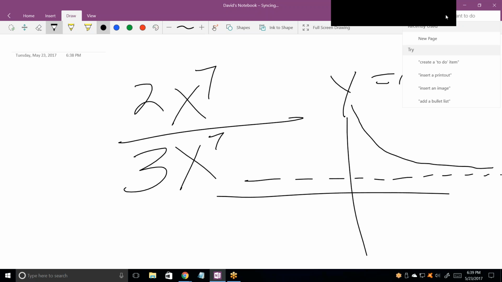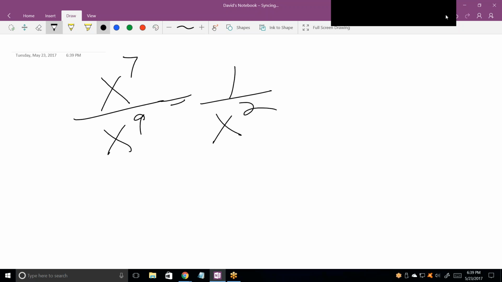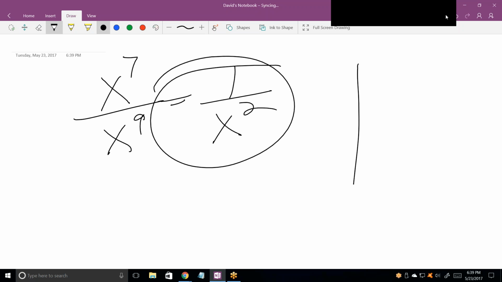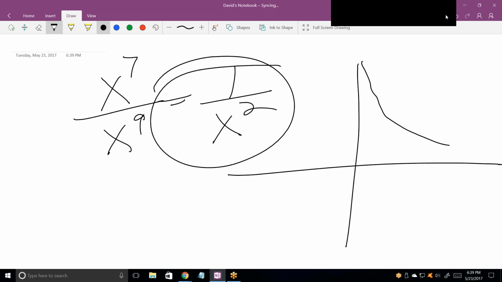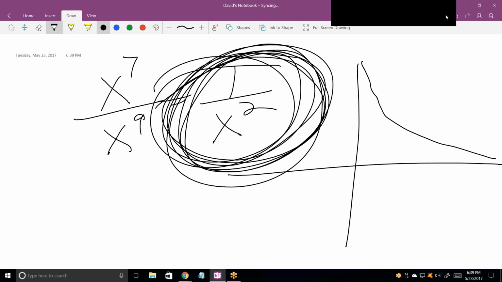So, if you ever had a problem like this, reduce it to that, and now figure out what happens to that as x goes to infinity. Well, it approaches 0, right? As x gets infinitely large, this gets infinitely closer to 0. Which means your horizontal asymptote has to be y equals 0.